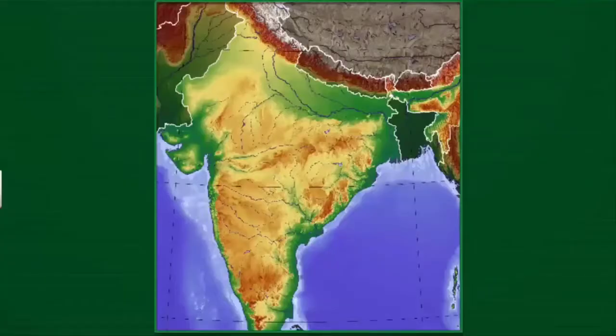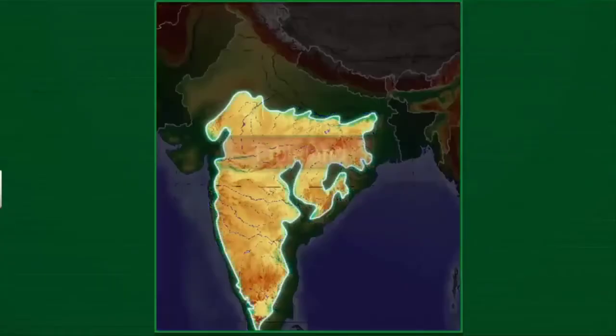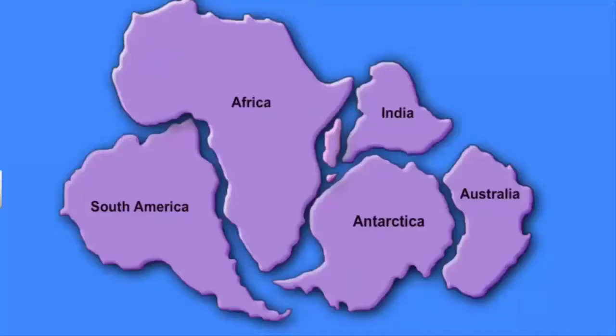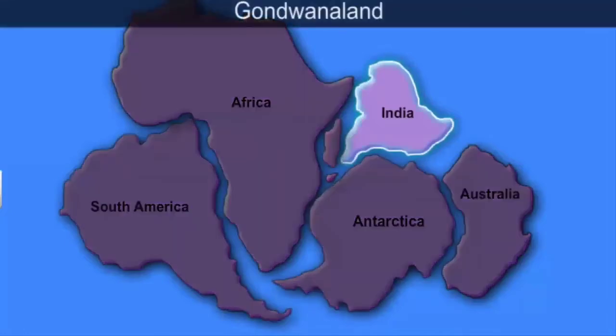As you may know, plateaus are also called tablelands. The Peninsular Plateau is also a tableland. This tableland was formed when Gondwana land broke and the pieces drifted apart.